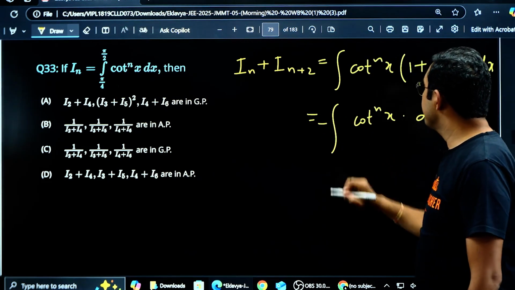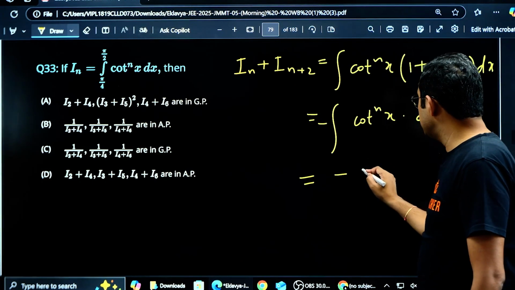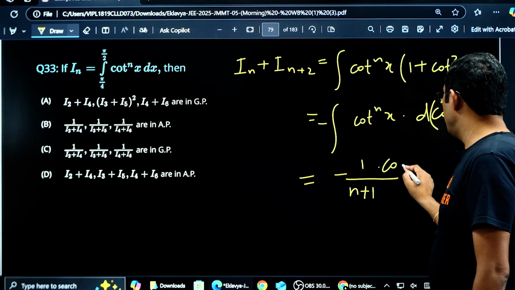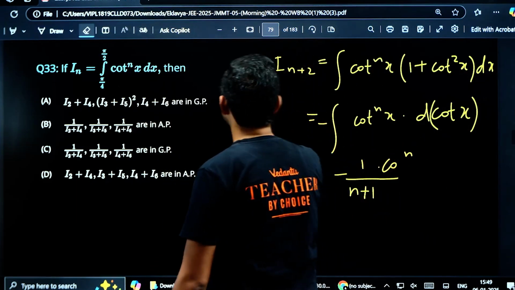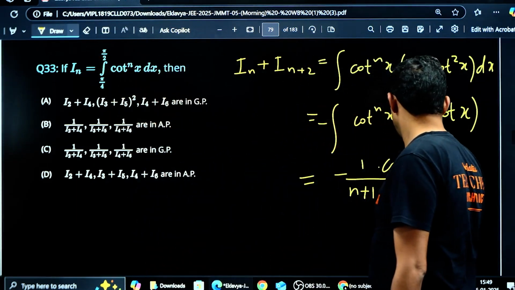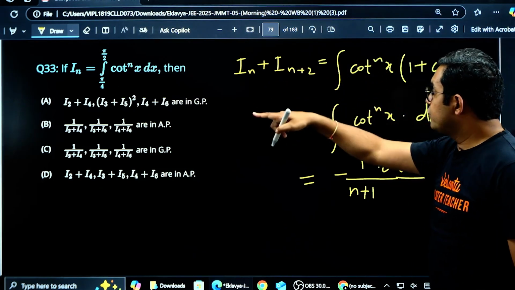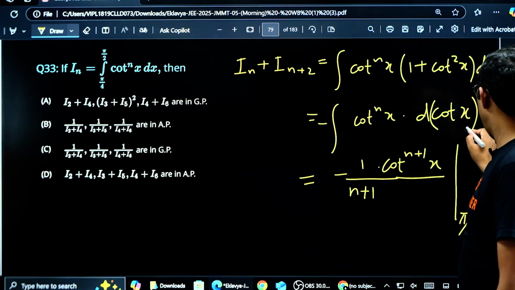with a minus sign. Okay, so the integration will become equal to minus 1 upon n plus 1 into cot raised to the power n plus 1. Now the limits are from pi by 4 to pi by 2.